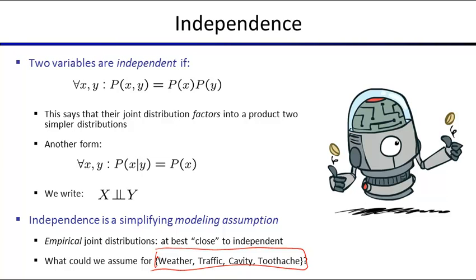You could say, well, maybe cavity and toothache are independent of weather and traffic. You could, of course, argue that's not always the case. We talked about that last time, but it's a reasonable assumption. For many situations that you try to reason about, this will be a fine assumption.